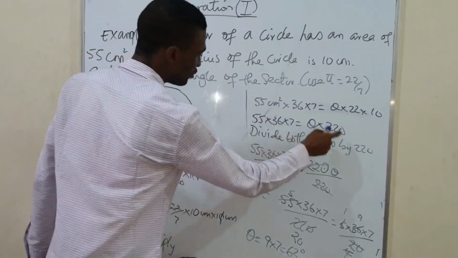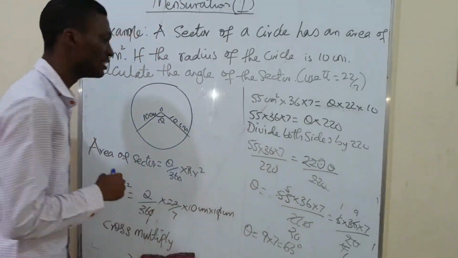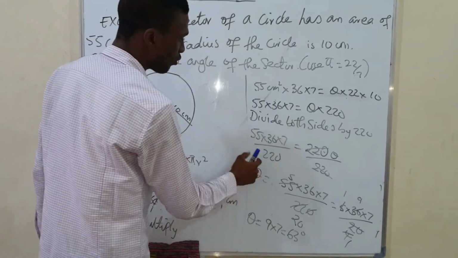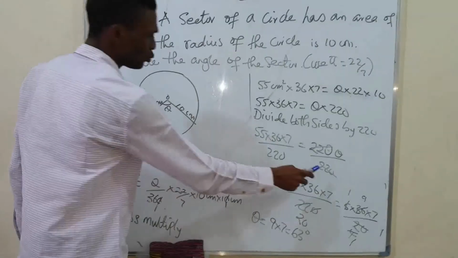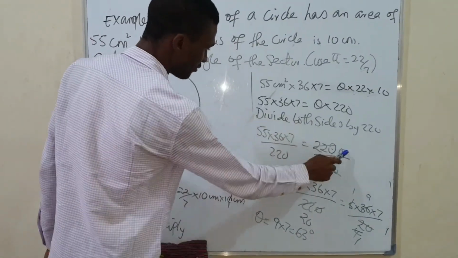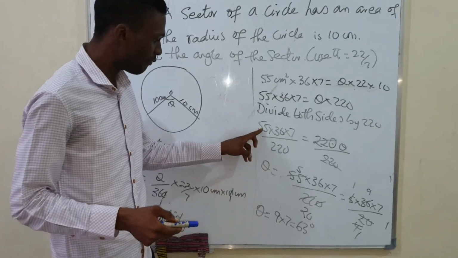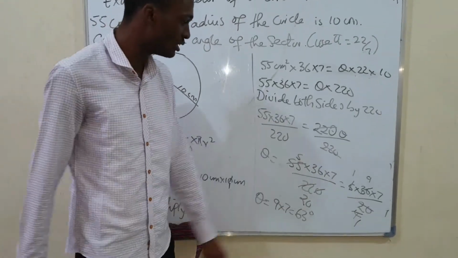We now have theta times 220. For us to get our theta, we divide both sides by 220. Now, this all over 220 equals 220 theta all over 220. 220 will cancel itself, we have theta left.